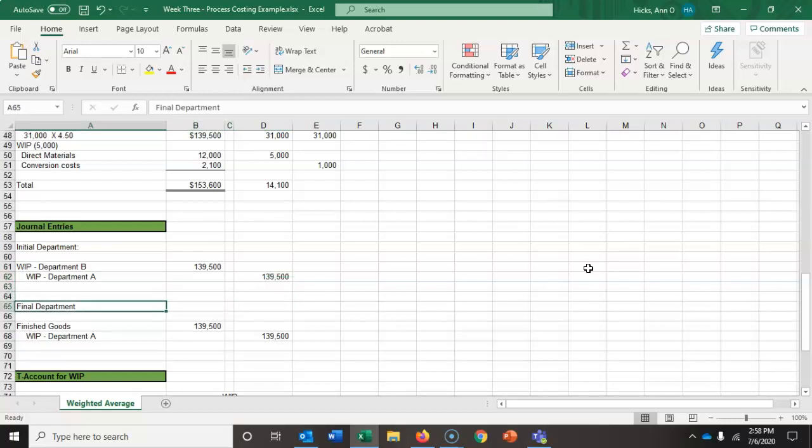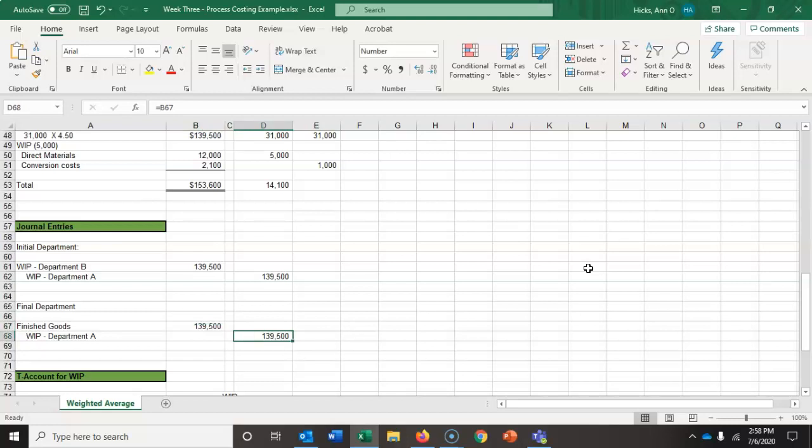Now, if this were indeed the final department, in other words, those 31,000 units were finished and ready to sell, then we would indeed debit finished goods and credit work in process Department A.